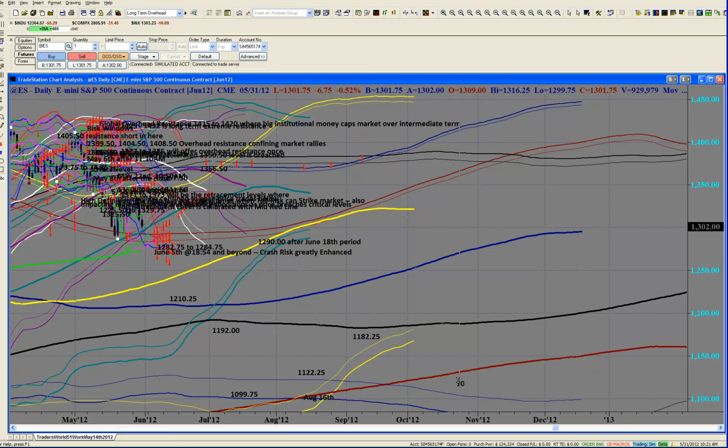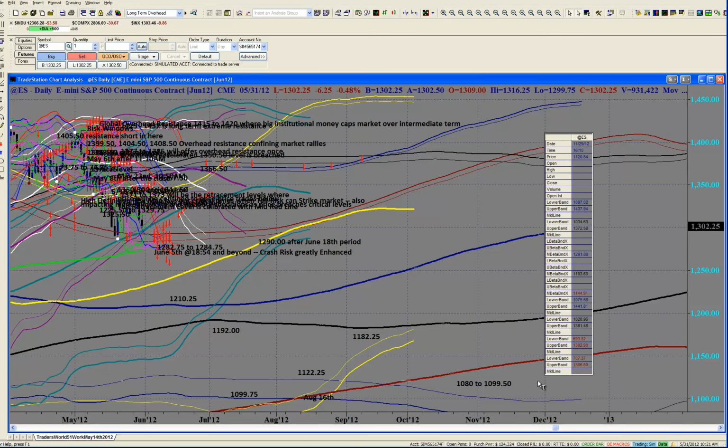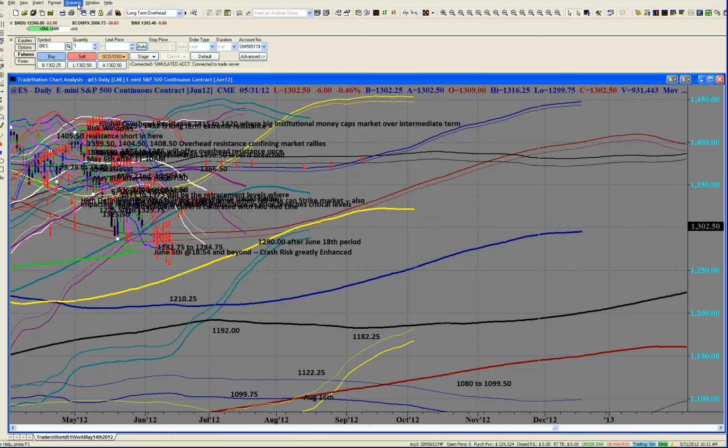Okay, so 1080 to 1099.50, and then this boundary inflects at the end of November into the first and second week of December. So I'm just going to mark that: end of November, first and second week of December.